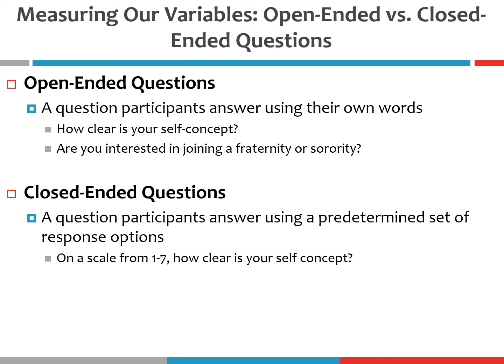Disadvantages are that we can only get responses to the questions we've asked, so we can't get any other information from the respondent. And a related issue is that our respondents might engage in what's called satisficing. So satisficing occurs when respondents select the first acceptable response from a list rather than the best.